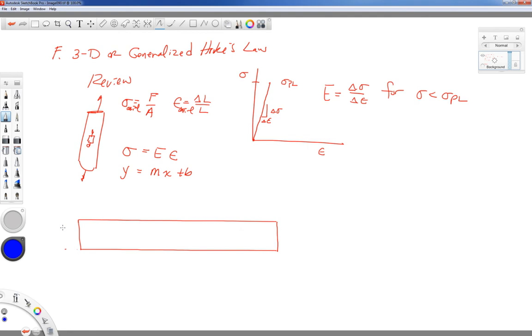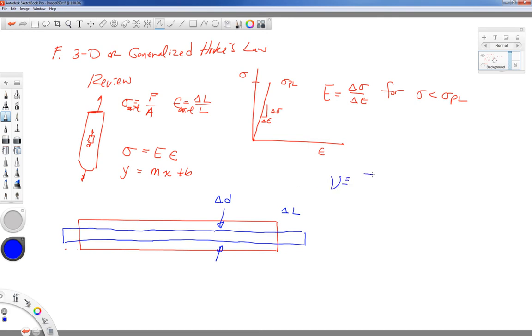So let me exaggerate this quite a bit, to show that we not only get a change in length, but we can also get a change in diameter or a change in thickness of our round bar. And the term called Poisson's ratio is defined as the negative of the diametral or the transverse strain divided by the axial strain.